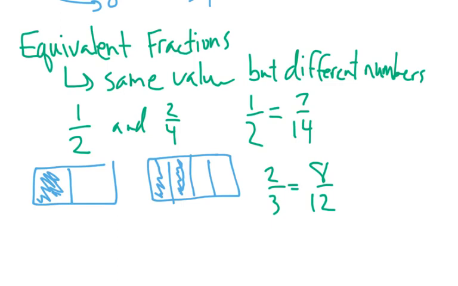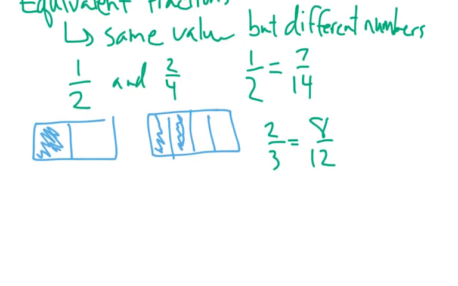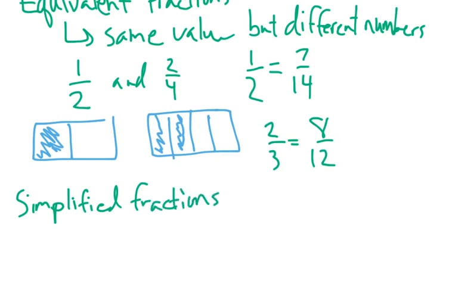Or, at the same time, we need to make sure that we have simplified fractions. And so what that means is instead of going this way, we're going to go to the left, where we're going to take big numbers and make small numbers.